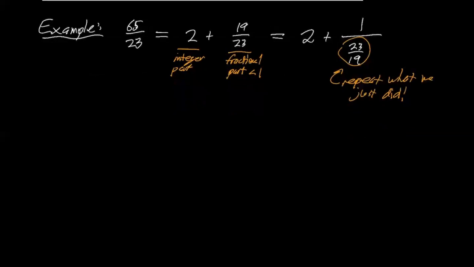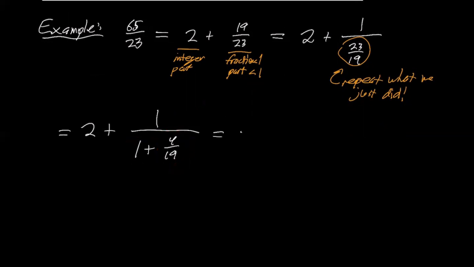So this 65 over 23 equals 2 plus 1 over 23/19, but 23/19 is between 1 and 2. So it's 1 plus 4/19, right? And then same thing, we have an integer part and a fractional part down here. And so I can take the 4/19 and flip it over again.